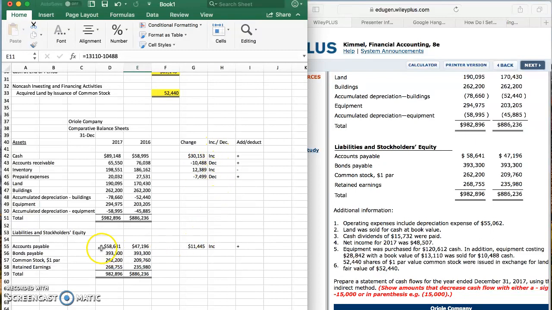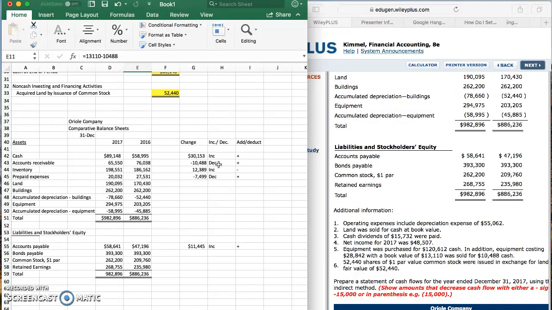And we also have the accounts payable, the current liabilities down here, and then whether we add or deduct them from cash.